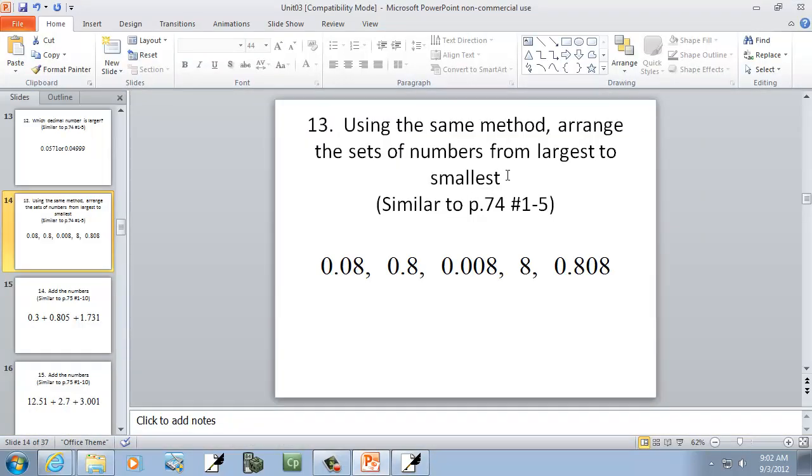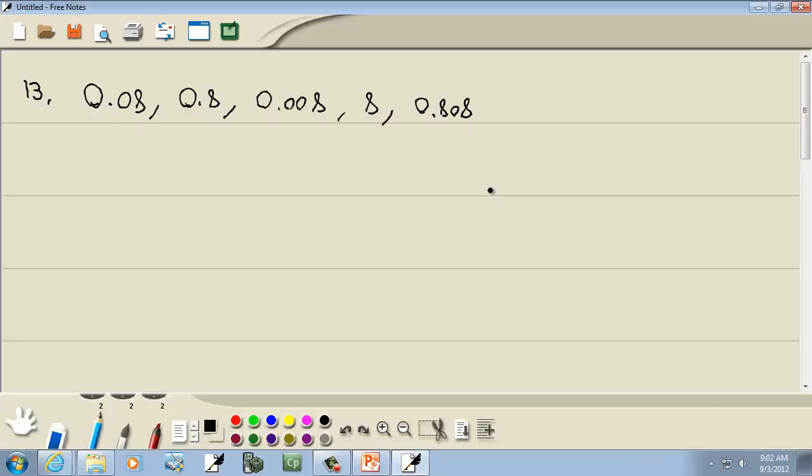And we'll write it from largest to smallest. Okay, so let's look at the digits before the decimal. This one's 0, this one's 0, this one's 0, this one's 8. If I were to put a decimal, it's right after the 8 here. This one's 0. So obviously the larger of those is the 8. So that goes first.